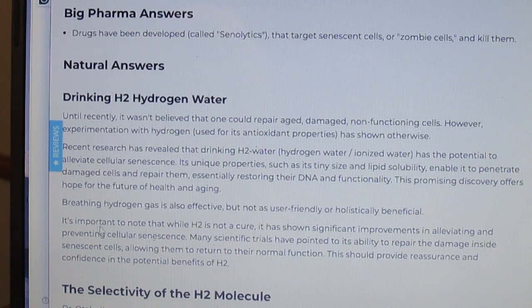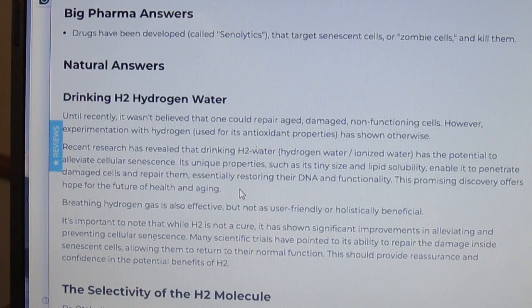Now, hydrogen can be breathed as a gas, and I have tried that. It's not bad. I don't prefer it because I'm not the kind of person that likes to sit there and inhale a gas. I mean, you have to sit there for 20 minutes or whatever.